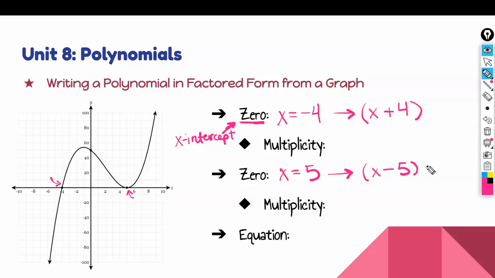Now, multiplicity. I want you to remember or write down that if it's just straight up crossing, like it's just going through the x-axis like that, whoosh, that is a multiplicity of 1, because it crosses the x-axis.